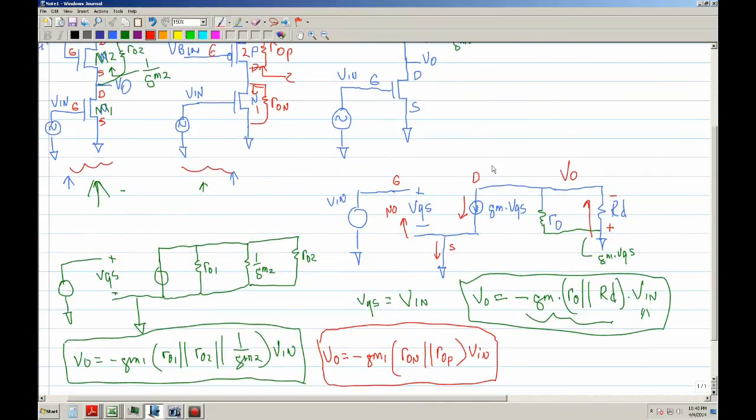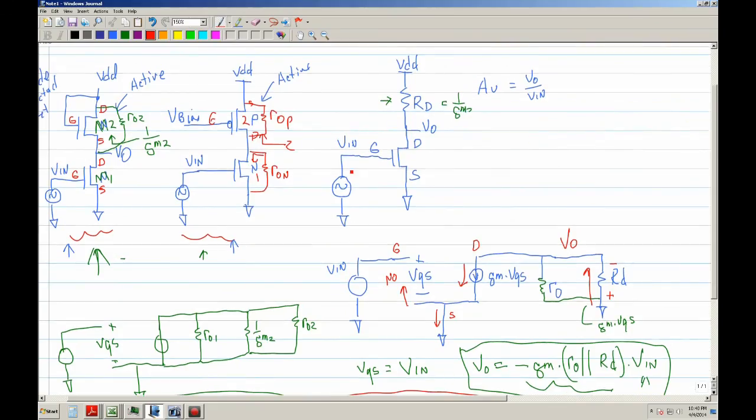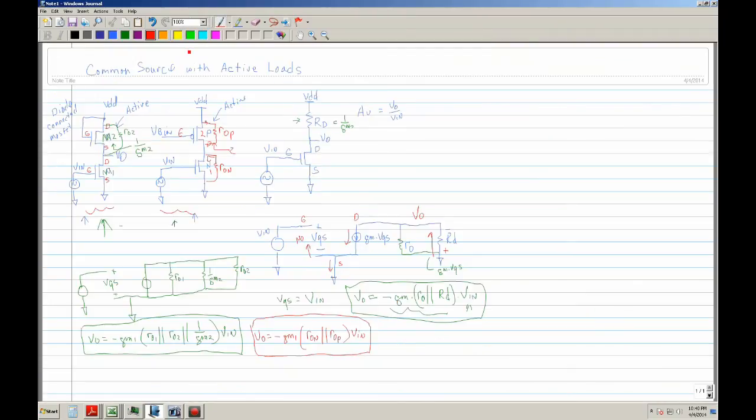As long as you have this basic concept, you should be able to plug in whether it's a diode connected or a true active device with a P channel. Hopefully that will help out those that are doing some circuit analysis and small signal. So this is one of the ways of deriving the voltage gain. Thank you for watching.